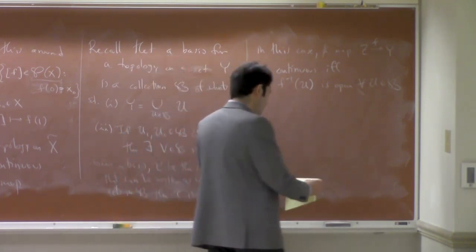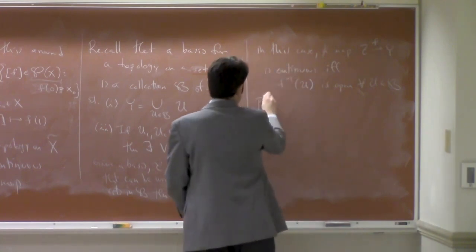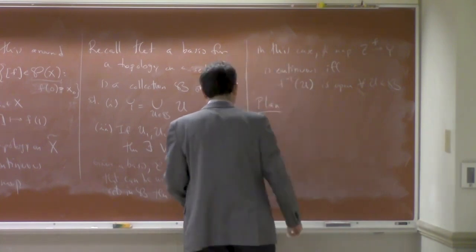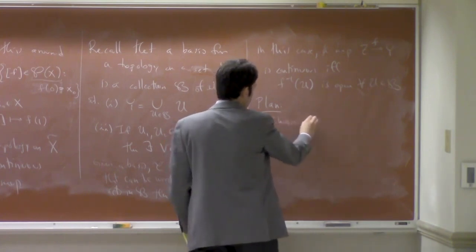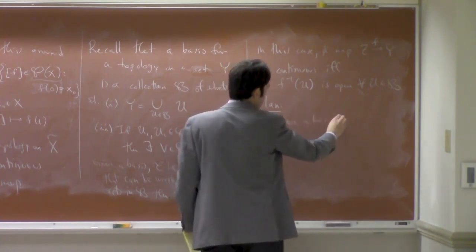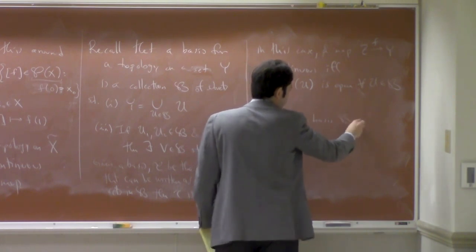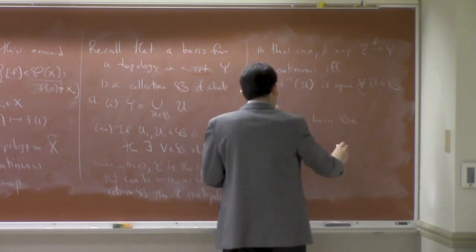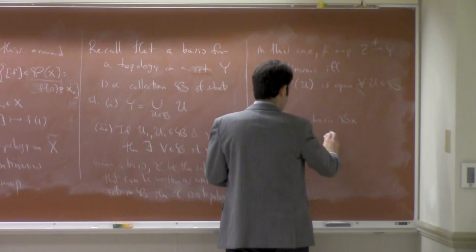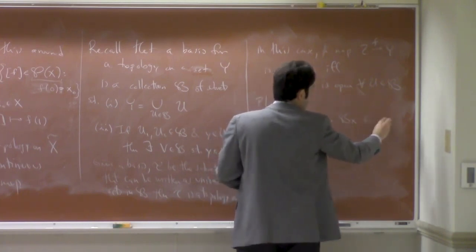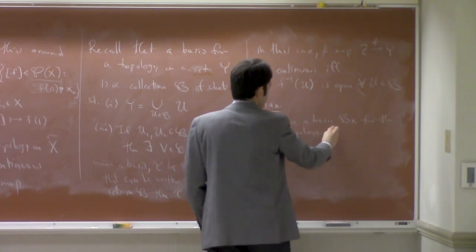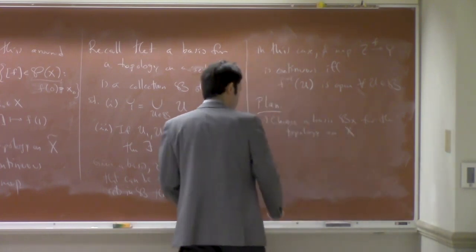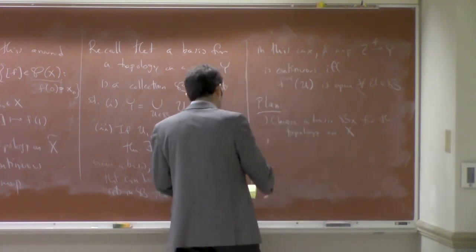Okay, so here's our plan. We're going to choose a basis Bx of a topology. We're going to choose a basis for the topology on X, right? So X, which is already a topological space.